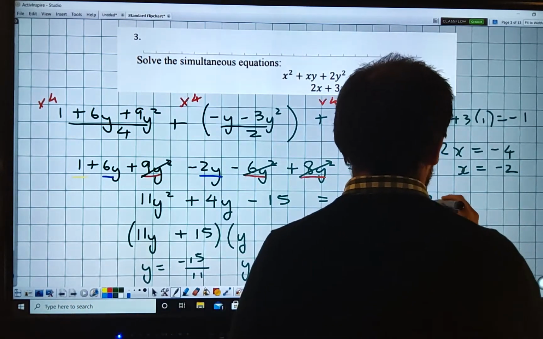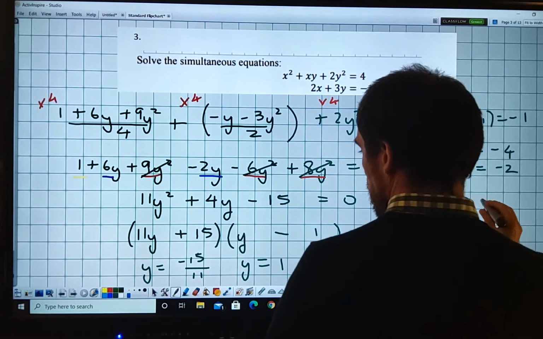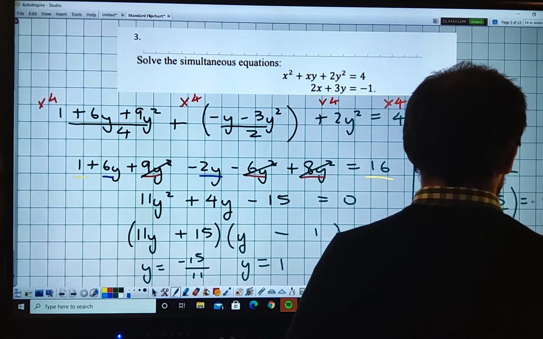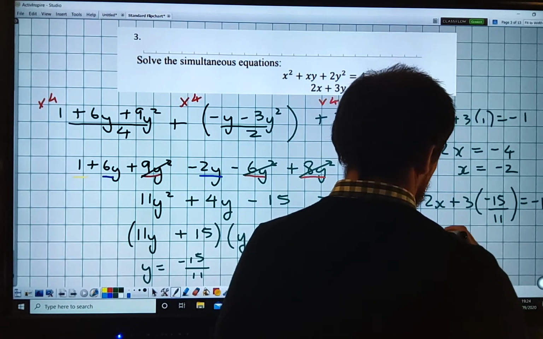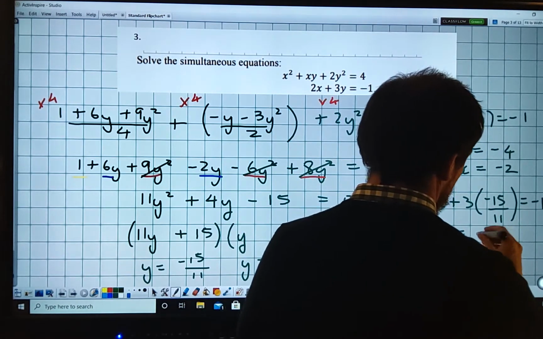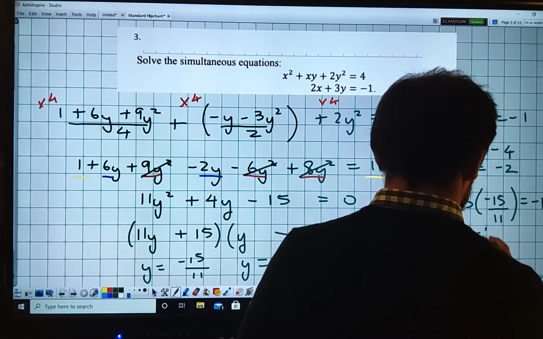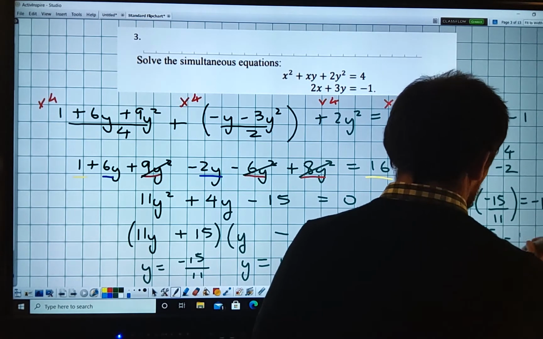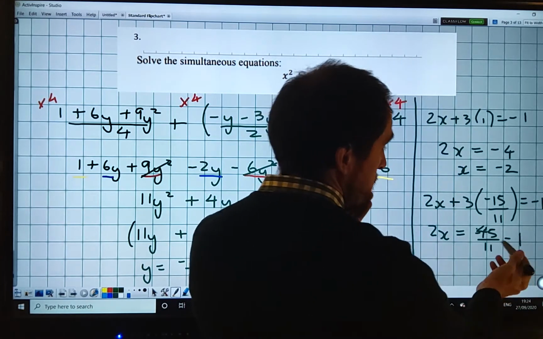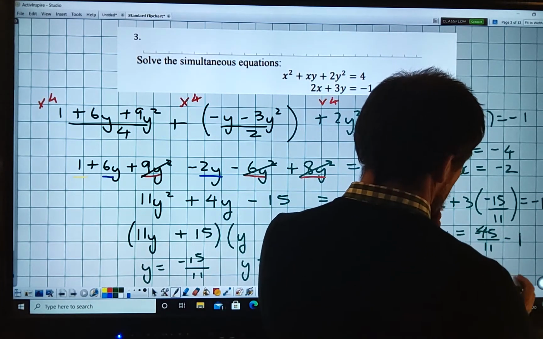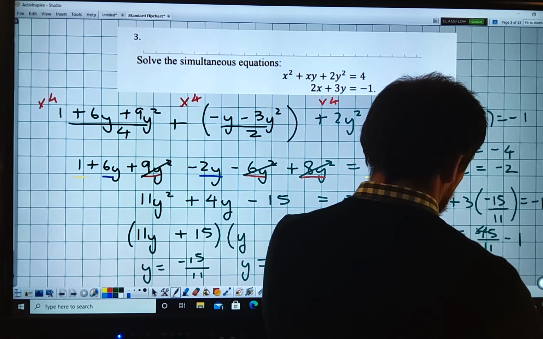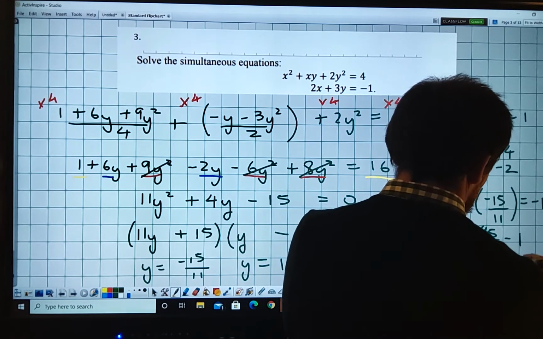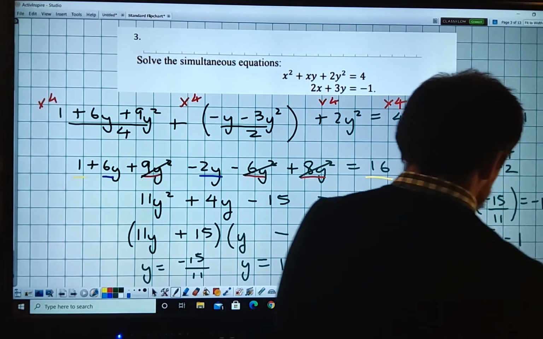Or you do 2x plus 3 times minus 15 over 11 equal to minus 1. 2x is equal to 45 over 11 minus 1, so that's going to be 34 over 11 divided by 2. So x is equal to 34 over 22, which is 17 over 11.